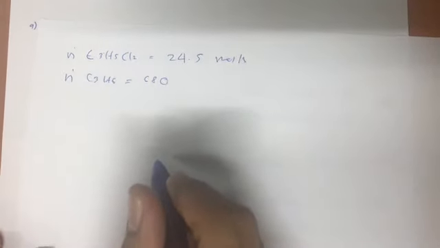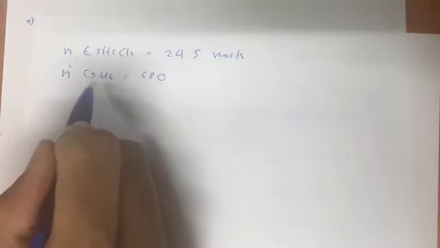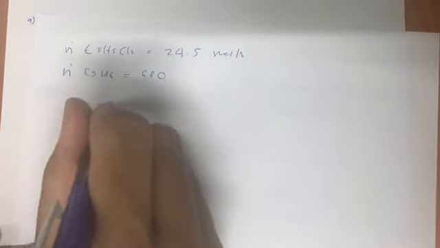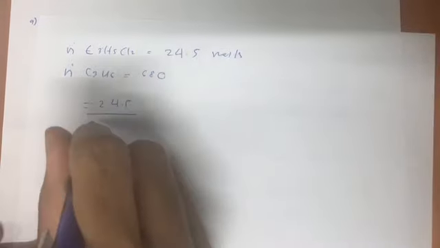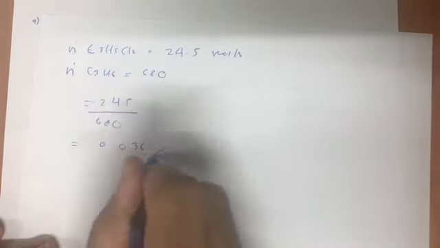So we just find the fraction by dividing C3H5Cl2 by C3H6. So 24.5 divided by 680, and that is equivalent to 0.036.